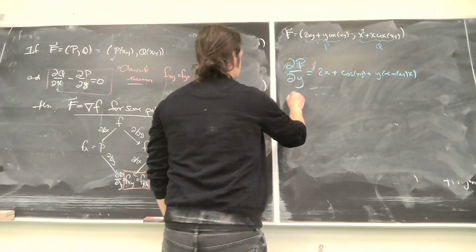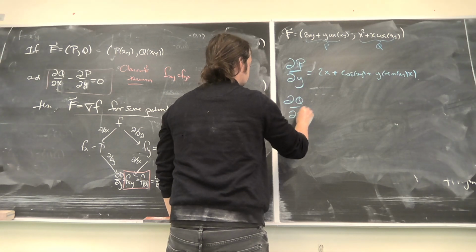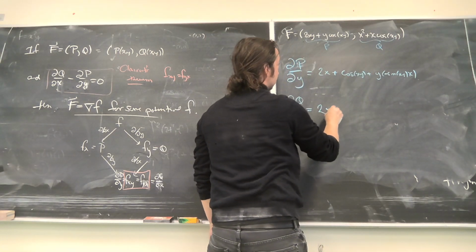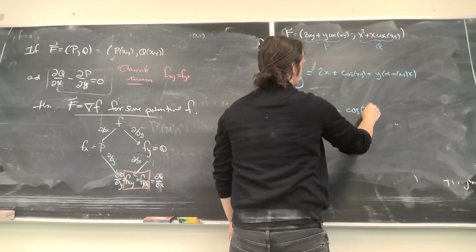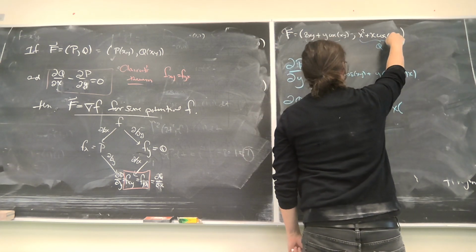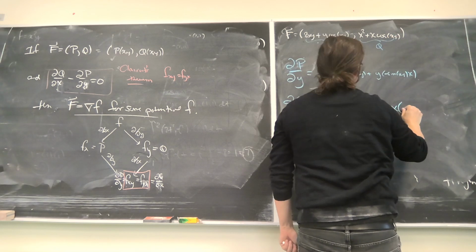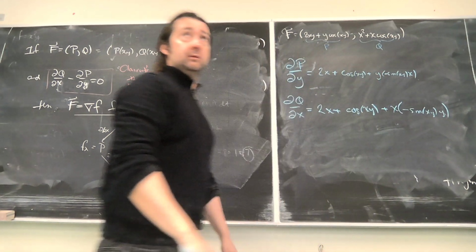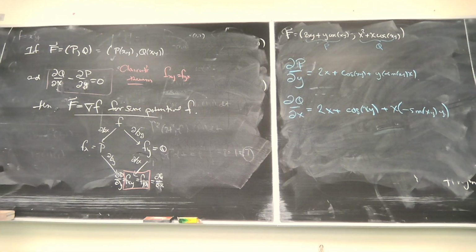And likewise, dq dx: if I take the derivative with respect to x, I get 2x plus the cosine of xy plus x times minus the sine of xy times y. And if you look at those for a second, they're equal to each other.